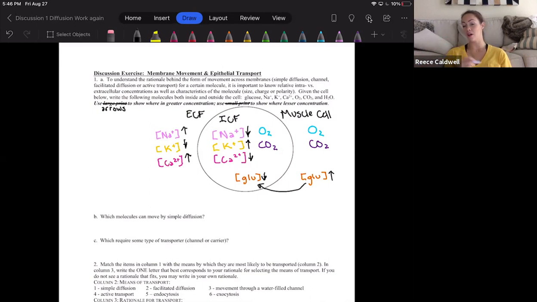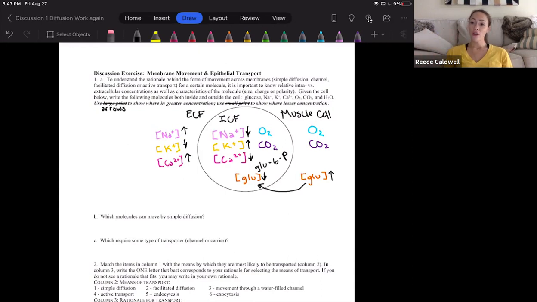Anytime we talk about phosphorylation, that means adding a phosphate to that glucose, and that will lock it into the cell. So the first step, moving that glucose into the cell, is going to be glycolysis, and glycolysis will transform that glucose into glucose 6-phosphate. Glucose 6-phosphate means it is phosphorylated and locked into that cell.